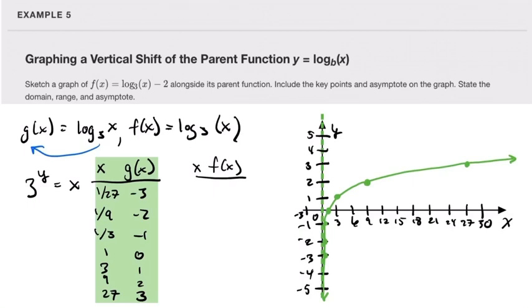Log base 3 of x minus 2. Because the minus 2 is outside our parent function, it's going to affect the y values. The x values should stay the same, but the y values are going to change, right? This is going to move the entire graph down by 2, equivalent to subtracting 2 from all the y values. So we're going to say this y value minus 2, minus 2, minus 2, minus 2, minus 2, minus 2, and minus 2. Everything else stays the same.